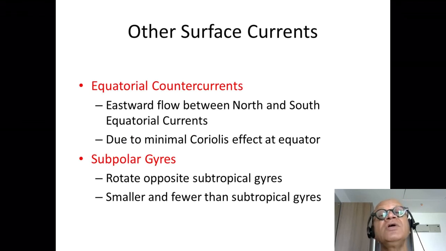Subpolar gyres, not as large as the subtropical gyres because the Earth is a sphere and begins to become smaller and smaller as we go towards the poles. Okay, so a lot of things to remember, but don't worry, we will look at these things again and again.